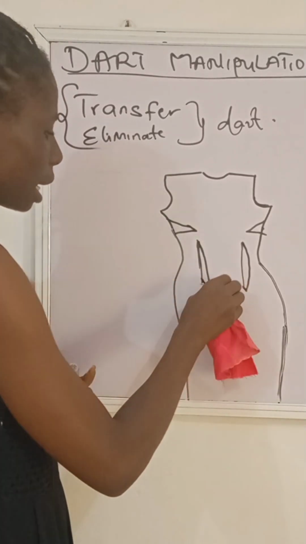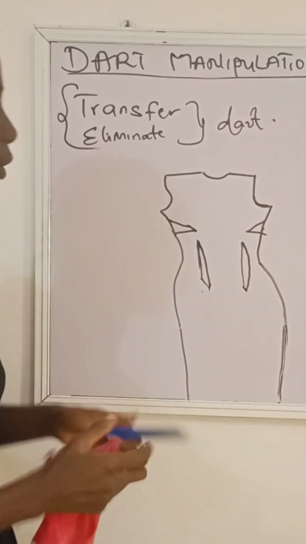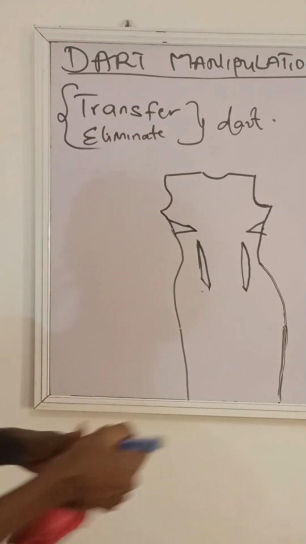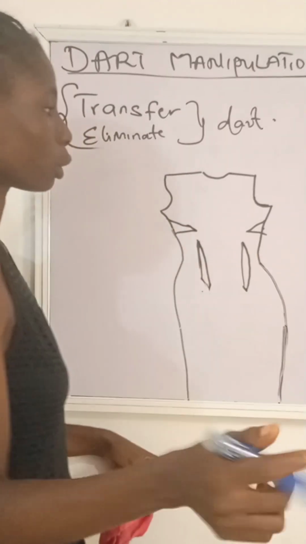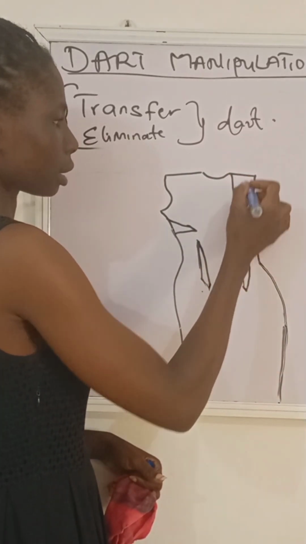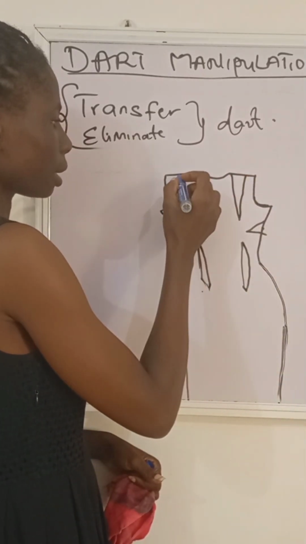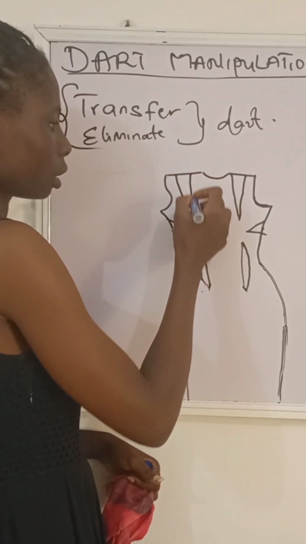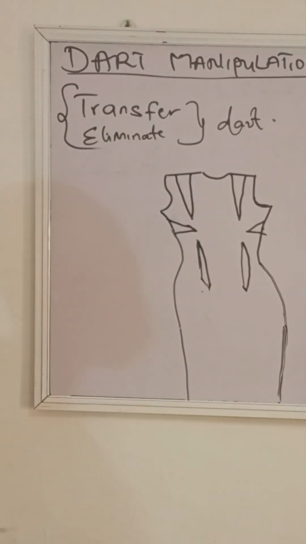I just want to show you the secret that is there, so that when you are watching a video and they say, you now transfer, you now close this, you now close it, you understand. Some people, with their method of drawing the body block, will have a shoulder dart too. All those Natalie Bray methods of drafting will have a shoulder dart.